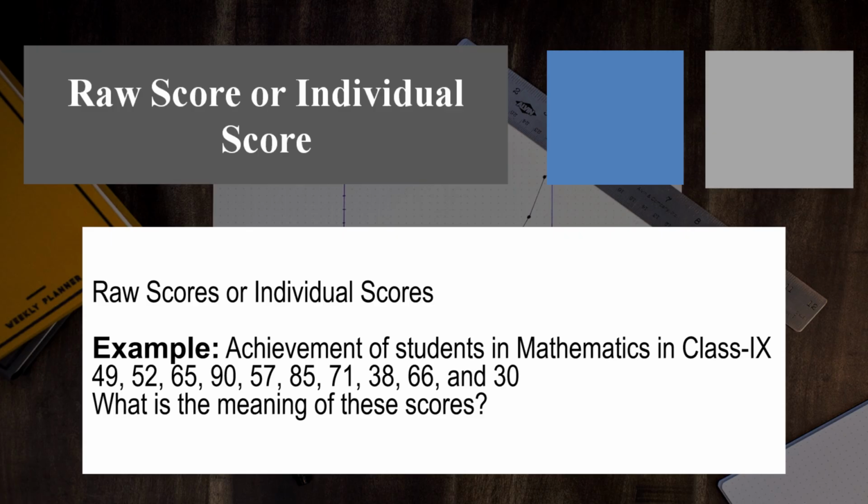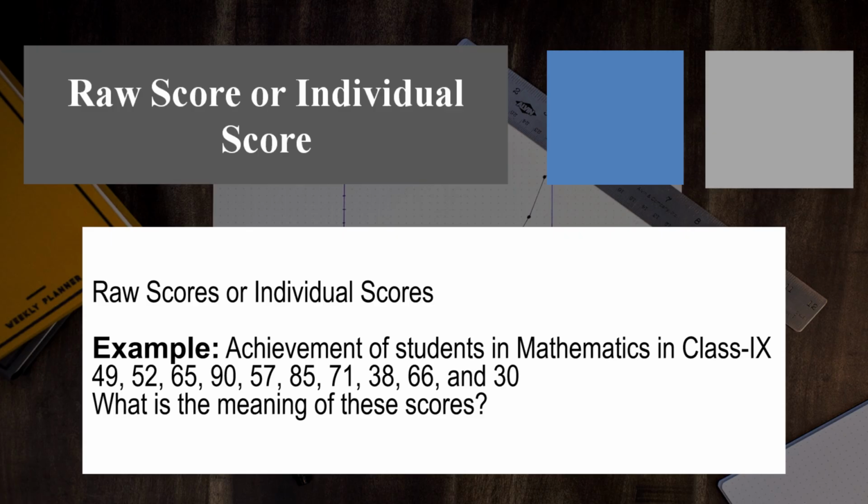And if I ask you a question, what is the meaning of these scores? How can you define these scores? Because here you are not going to use any statistics, or you are not able to analyze, because only raw scores are given. Simply you can say that 49 is an individual score.